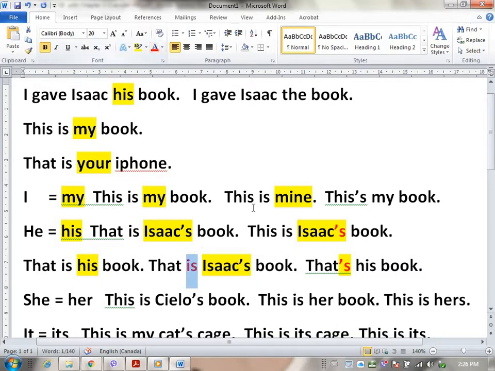You got it? That's his book. Or sometimes we say this is, you see, this is exactly this one.